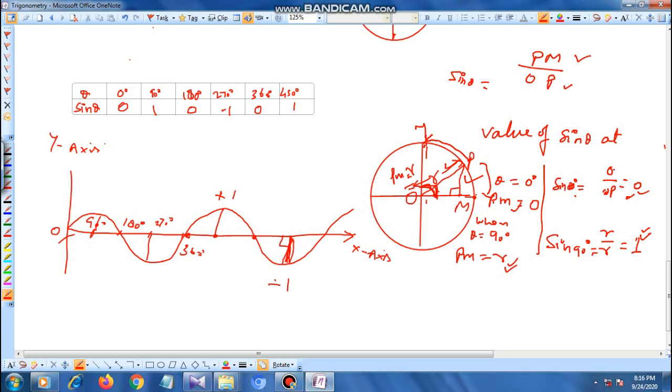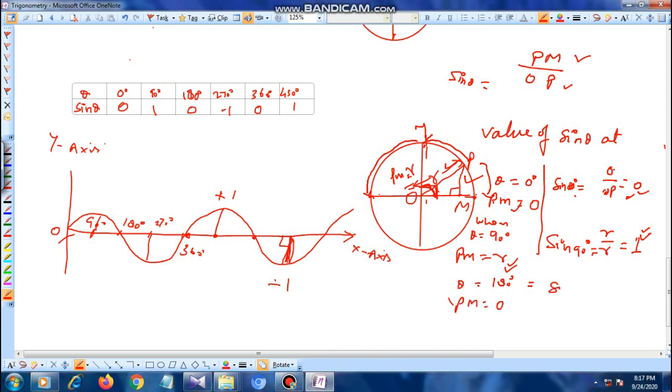Now at theta equal to 180 degree, the point P moves towards the x-axis, and at this point again PM will become 0.